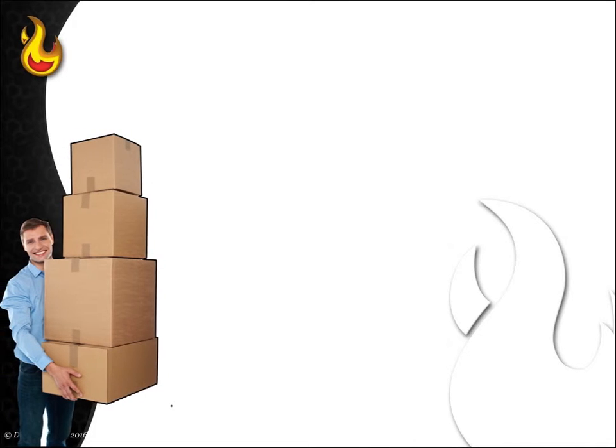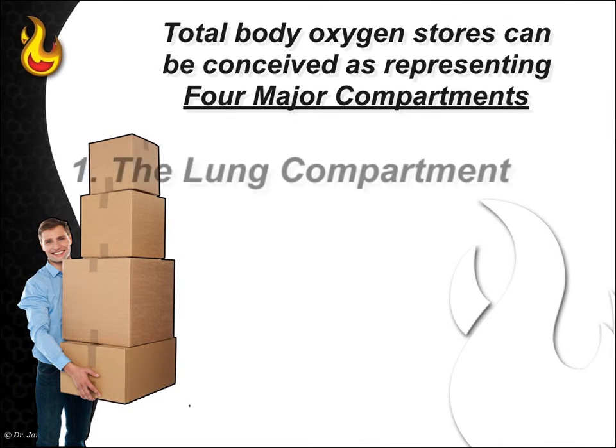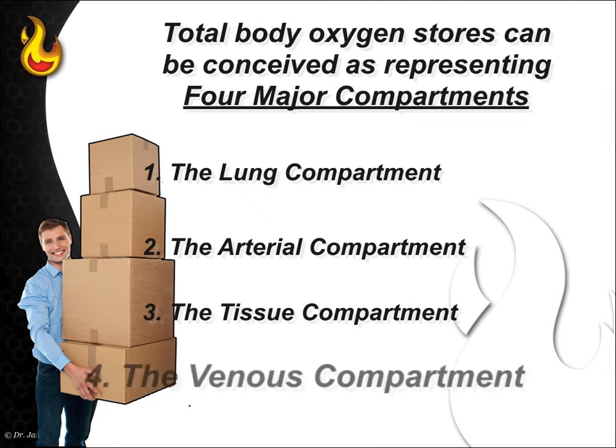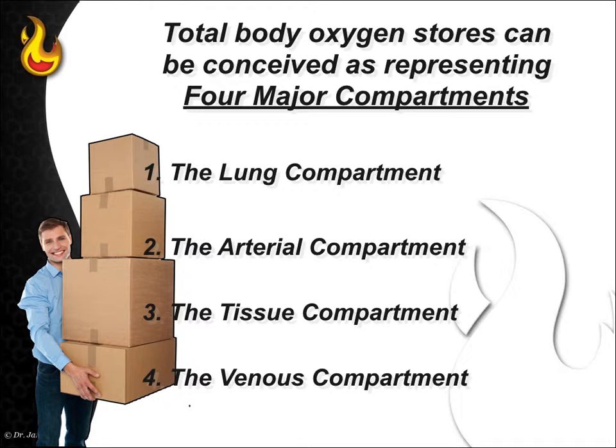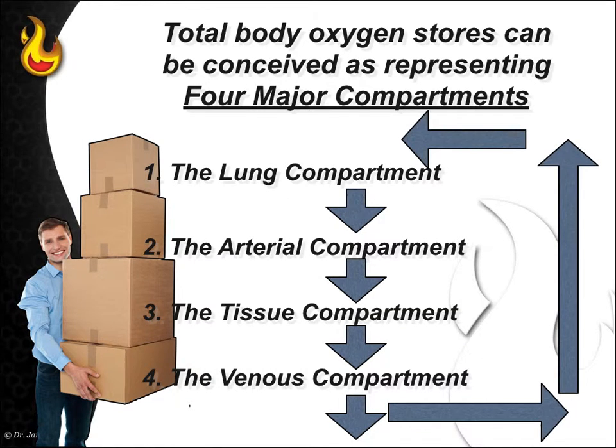This is how the body works. There's basically 4 compartments: the lung, arterial compartment, tissue compartment, and the venous compartment. And the blood circulates from the lungs to the arterioles and back around. And so when we're measuring it with a pulse oximeter, we're actually measuring the arterial component, which is where the oxygen should be the best.